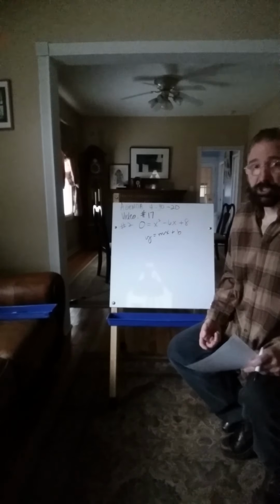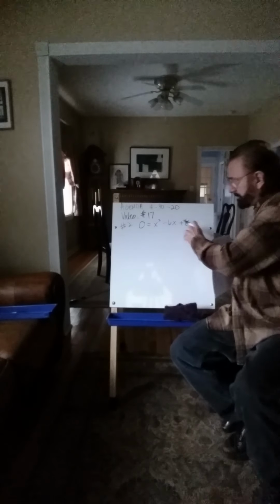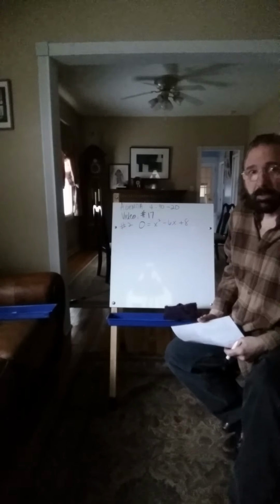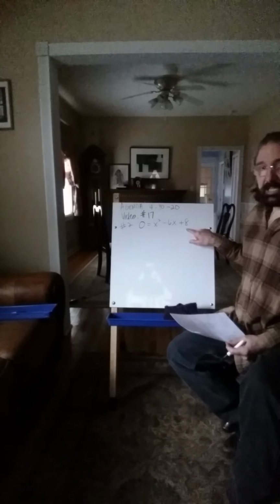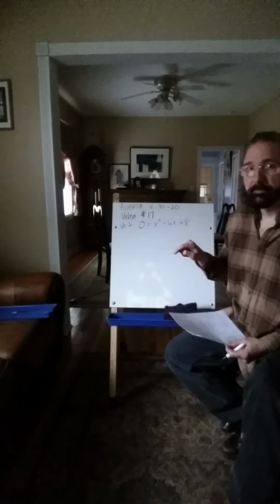The 8 is where the curve crosses the y-axis. It's actually 0, 8, the geometric form of the y-intercept.